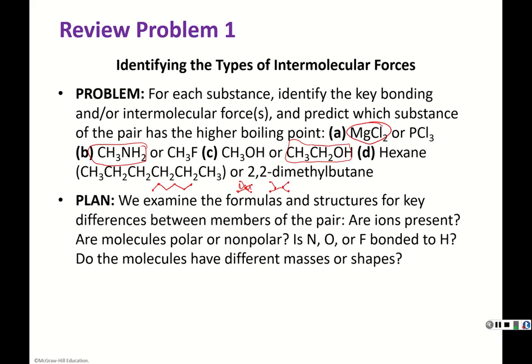And so the one that has the more surface area, the easier to stack and the greater those dispersion forces would be, that would be hexane. Okay, so those are all the ones that have the higher boiling points.